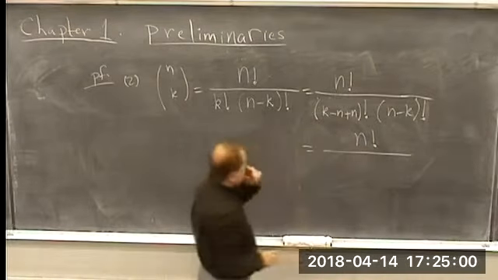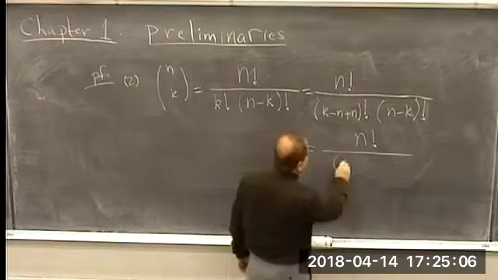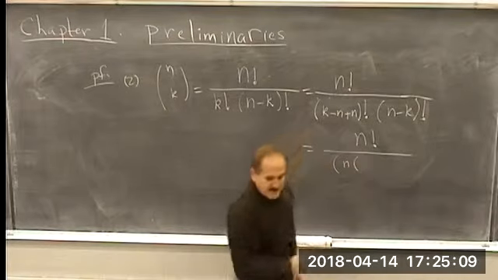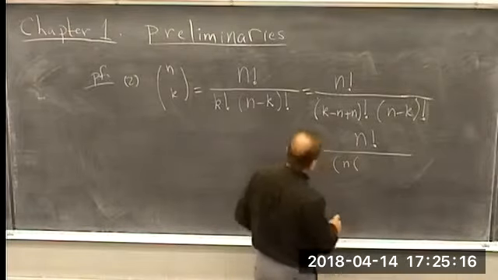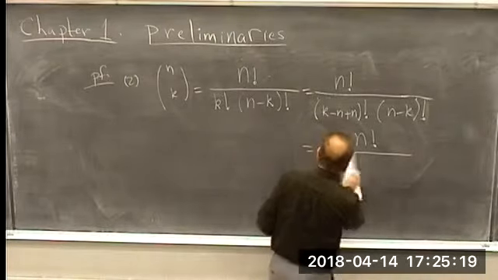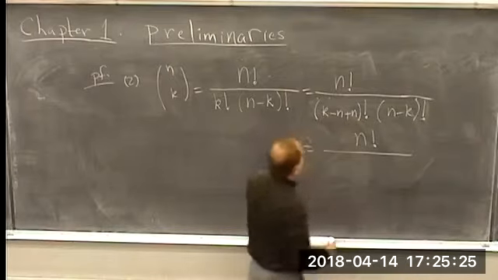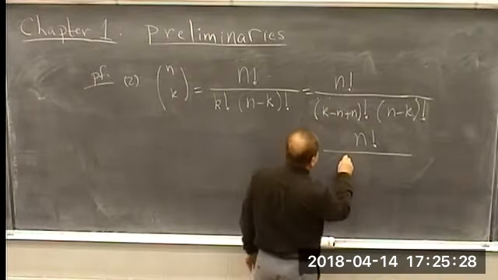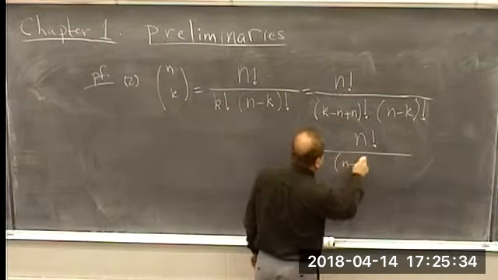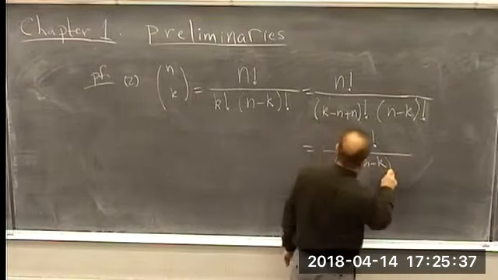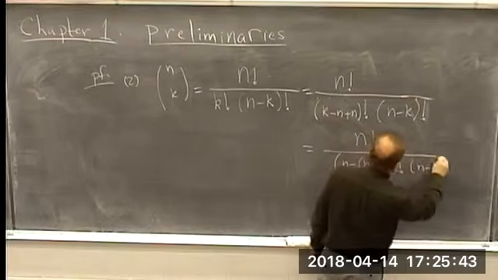And I can write this one as n minus k. Sorry. Factorial, then n minus k factorial.